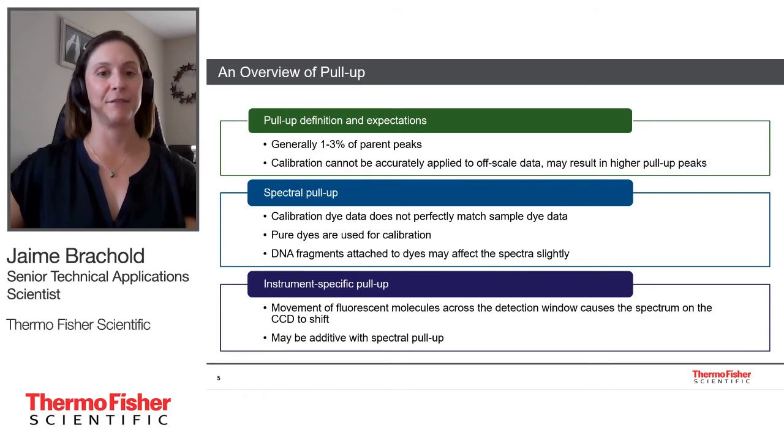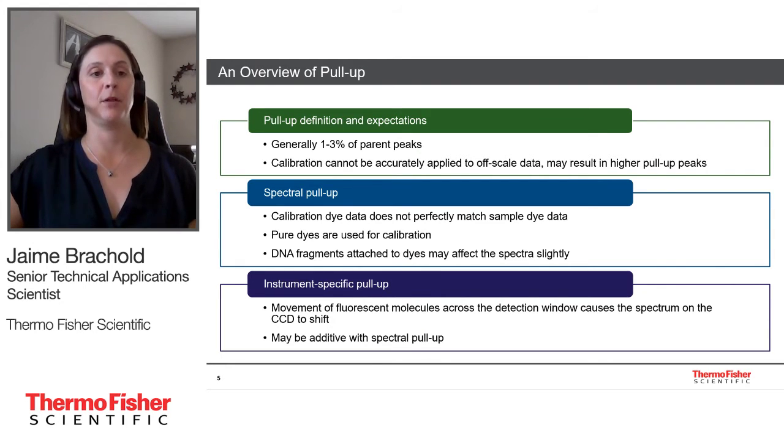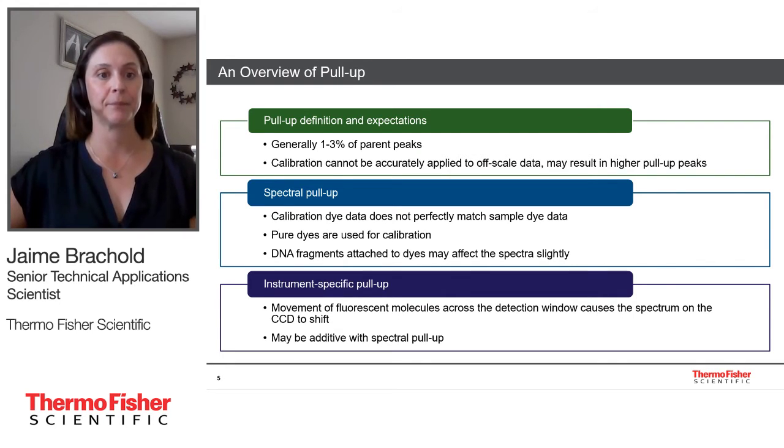So the difference between the spectra from the dyes being attached to the samples and the dyes being pure dyes, that difference is what causes the error that causes spectral pull-up. In the raw data, spectral pull-up, you can see a pull-up peak that sits directly centered under the parent peak, and the same is true in the analyzed data.